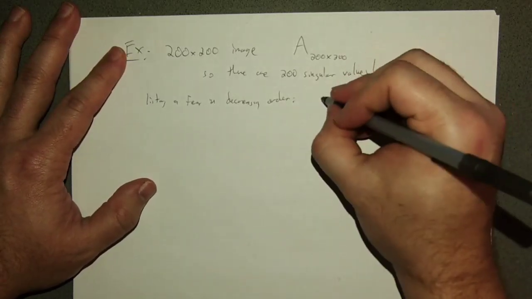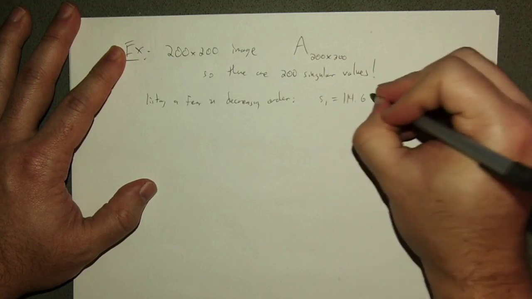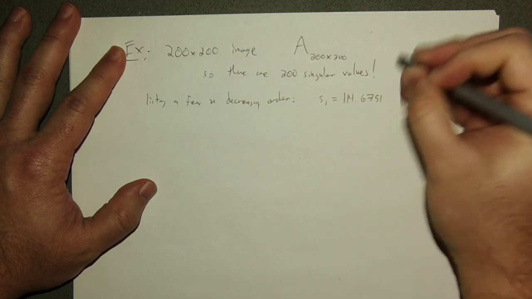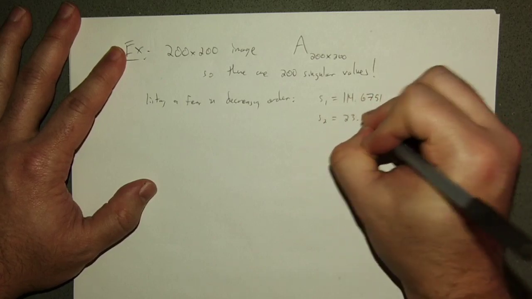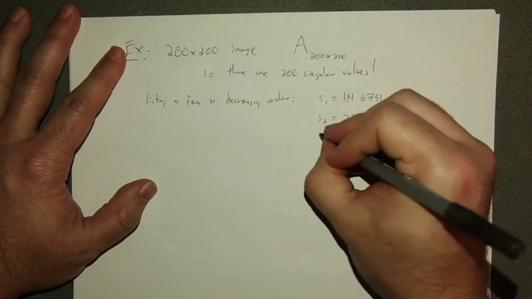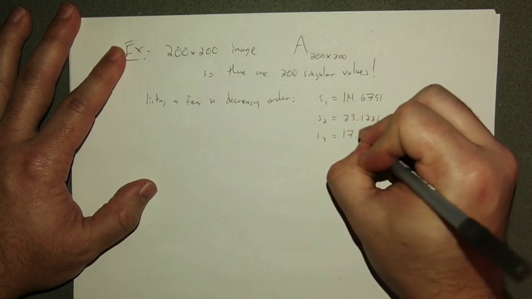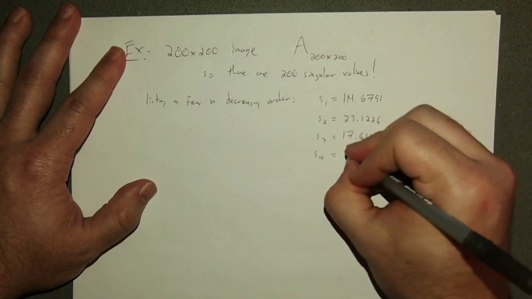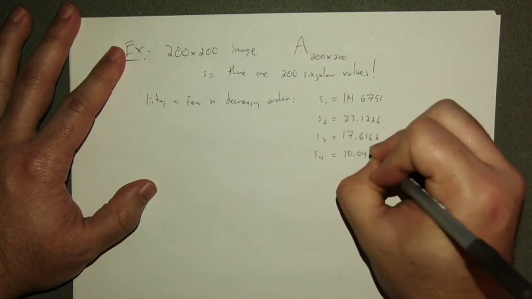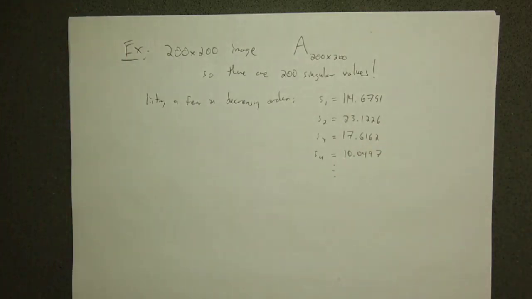So S sub 1 is 114.6751. S sub 2 is 23.1226. S sub 3 is 17.6162. And S sub 4 is 10.0497 and so on.